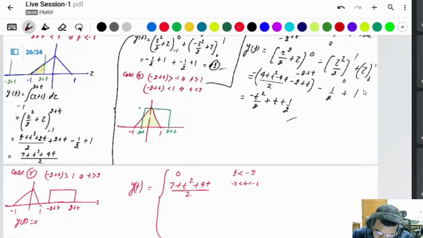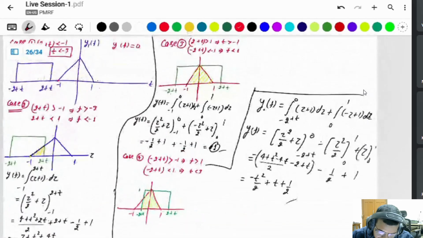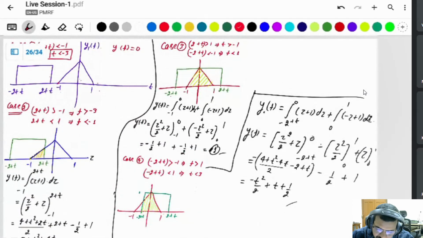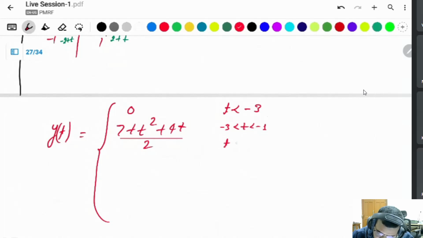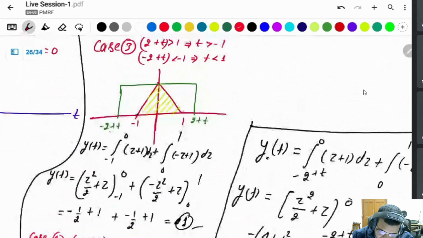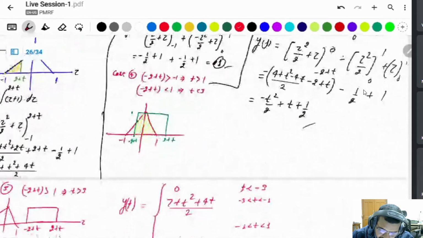Third case, greater than minus 1 less than 1, t greater than minus 1 less than 1, in this case, it will be 1.